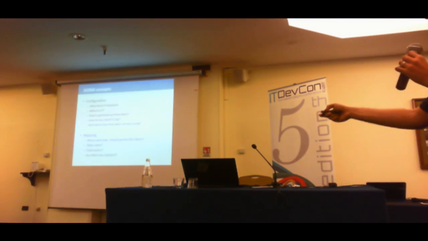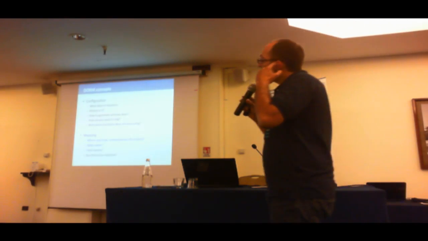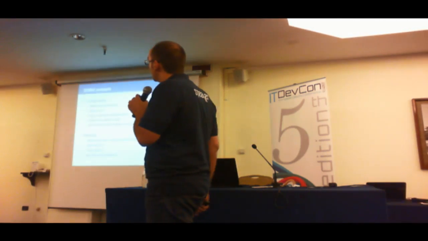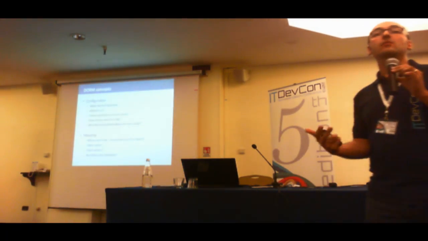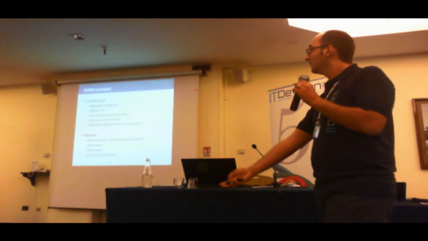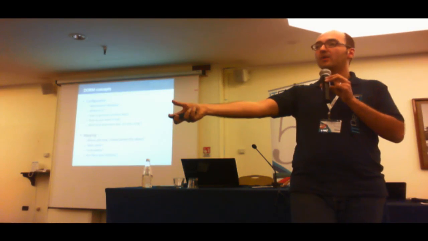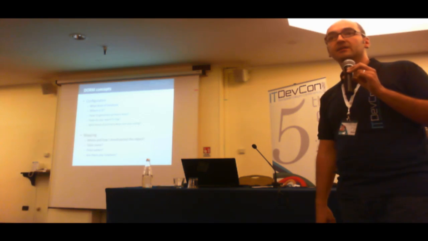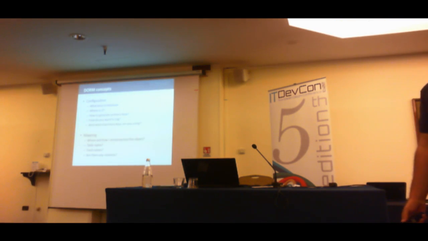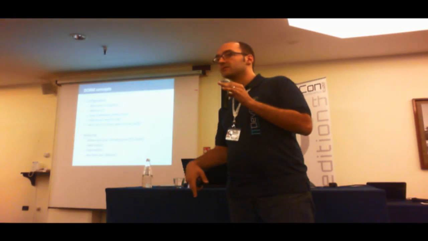Then the second part is the mapping. The mapping is related to concepts like where and how I should persist this object. Which table name is the table where this object should be persisted, or which are the field names mapped to this or that property. Or are there any relations? The person could have, I don't know, a phones collection.